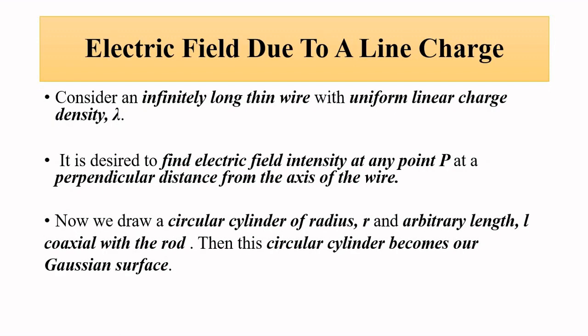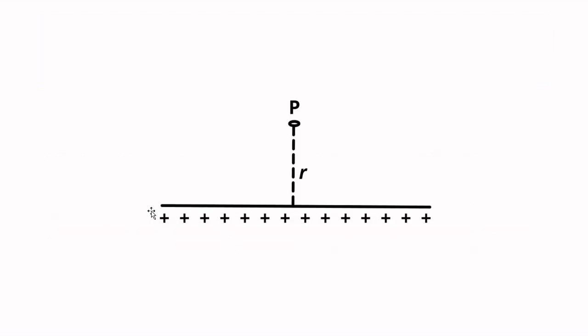So let us understand what the situation is here. We have a very thin wire, and it is very long, covering infinite distance to this side and to this side. We have just considered a certain section of that thin wire. It is positively charged.